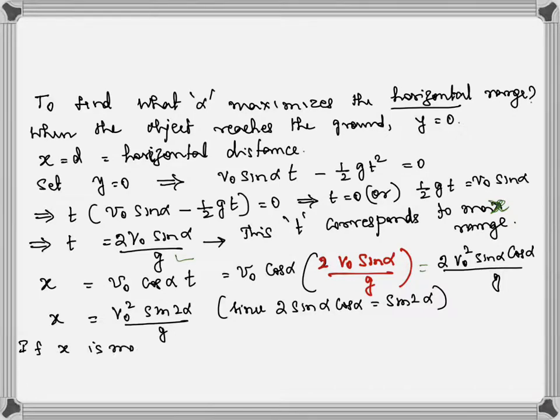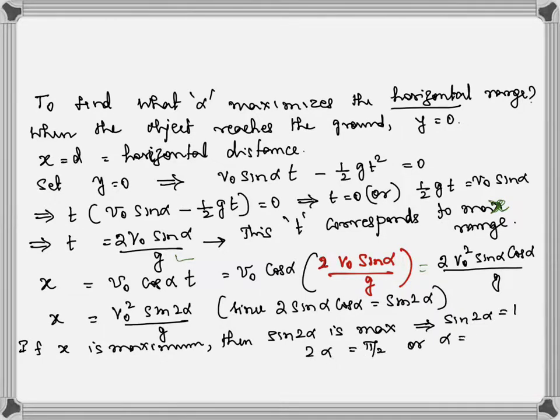If x has to be at the maximum distance, sine 2 alpha has to be maximum. The maximum value of sine 2 alpha is 1. So sine 2 alpha equal to 1 means 2 alpha is 90 degrees, pi by 2, or alpha is pi by 4, or 45 degrees.